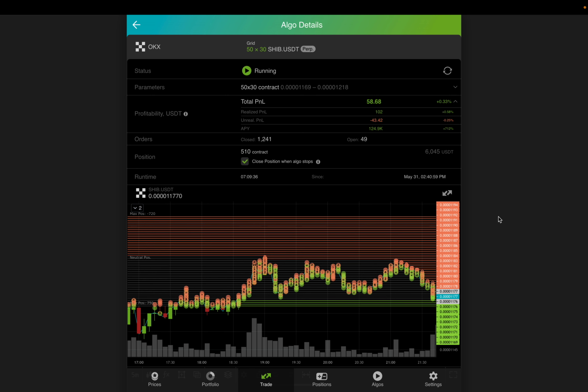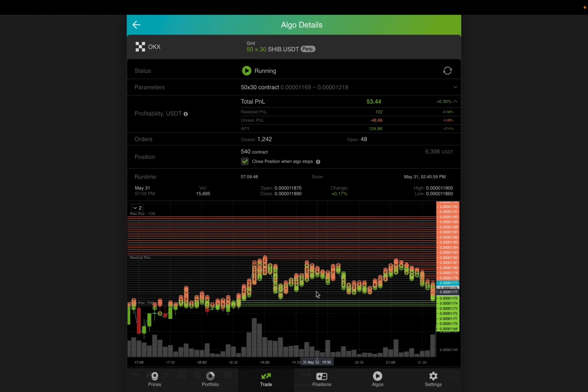Why is that? Because when the price traveled this very short distance, basically here, I had a lot of levels, and my position increased a lot. I have maybe 10 or 11 levels with orders executed here.